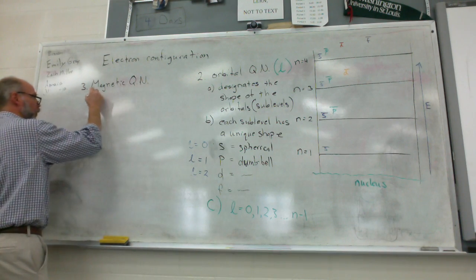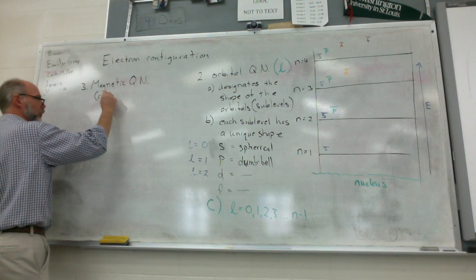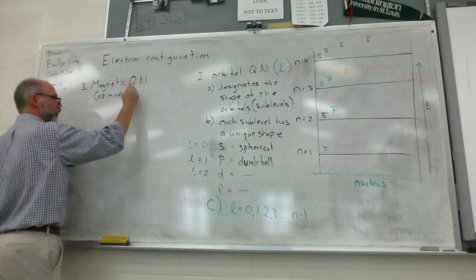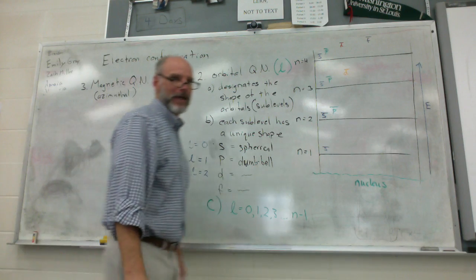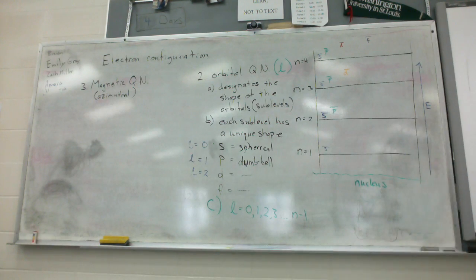Sometimes some textbooks will call this the azimuthal. Does that make you put the emphasis on the wrong syllable? Well, what's the magnetic quantum number? Like I said, sometimes known as the azimuthal quantum number.